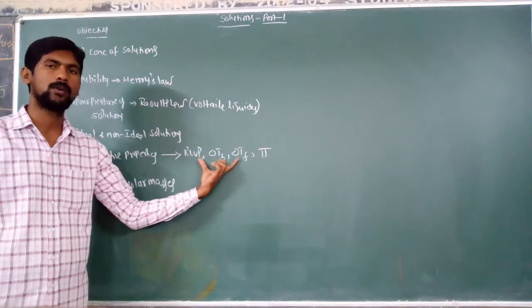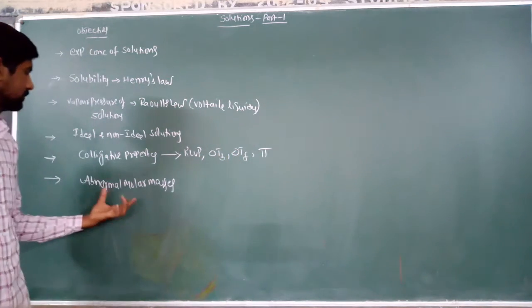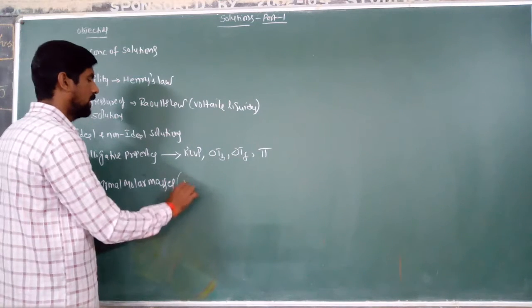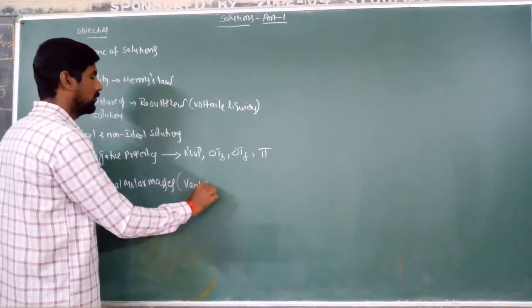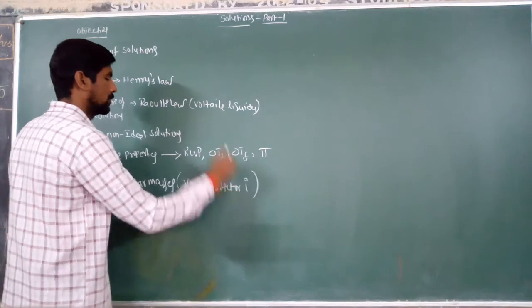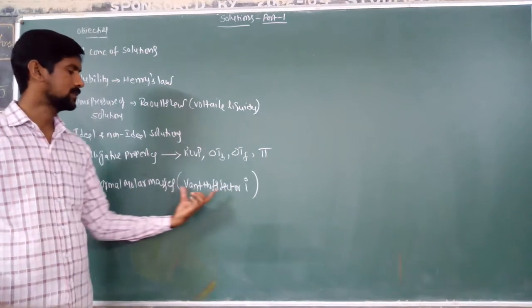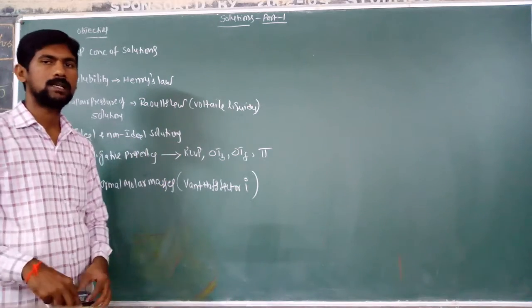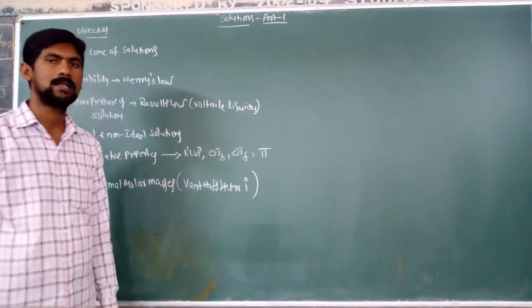These are the four important colligative properties. And sixth one, abnormal molar masses, including the Van't Hoff factor i. So these are the main objectives of this lesson.